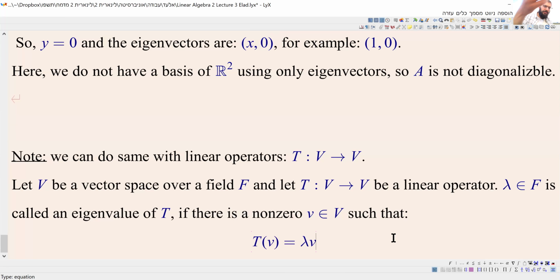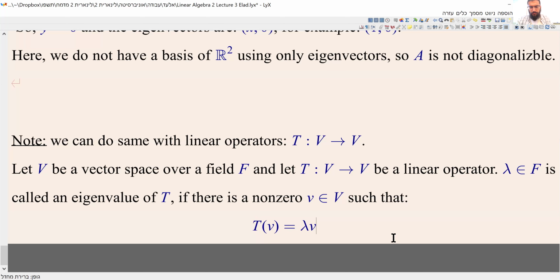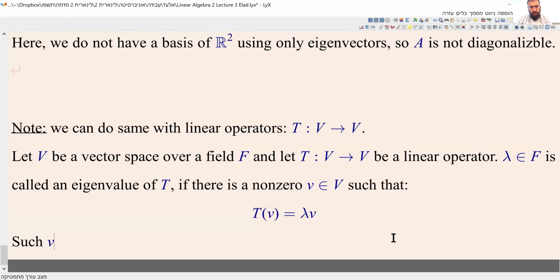Instead of A, it's just T. And such v is called an eigenvector corresponding to the eigenvalue lambda.